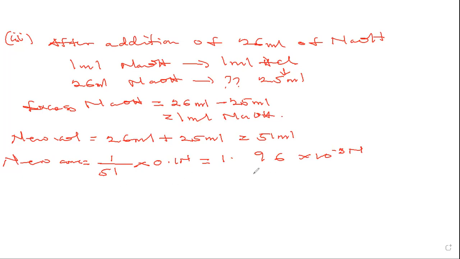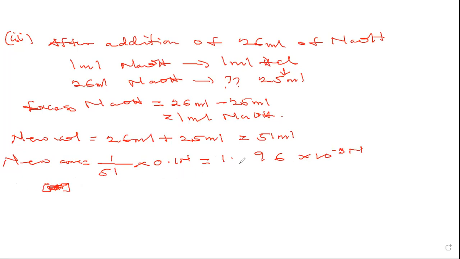But I said earlier that this value is simply the same as the H plus concentration, but this time around the OH minus concentration that we have. Take note of that. This time around, it is our base that is in excess. So it is no more H plus that we have in excess in the solution, but we have OH minus in excess.